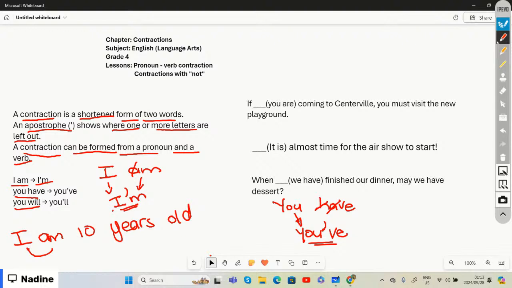And if we were to form that contraction, so we have you and we have will.